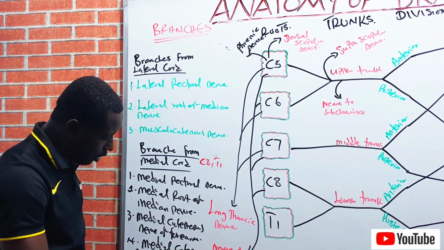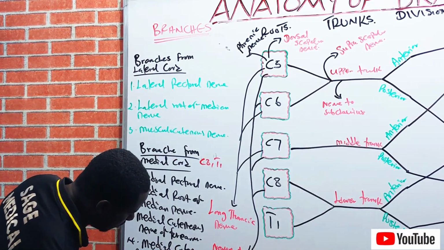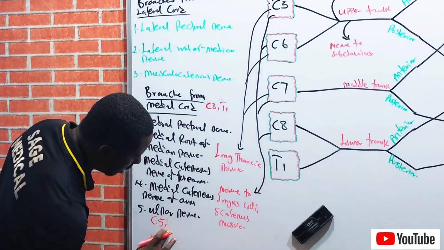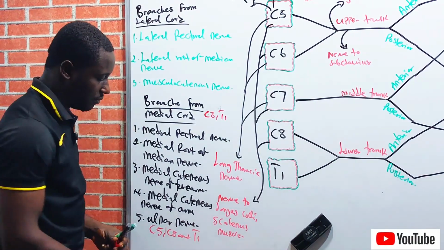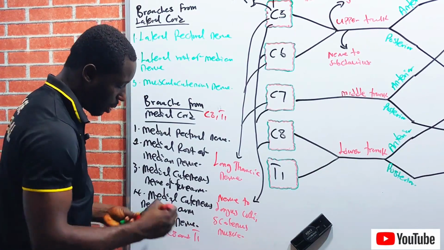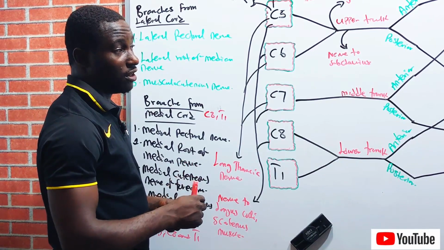But the ulnar nerve has C7, C8 and T1. That is the root value of the ulnar nerve. Okay, we are done with the branches of the medial cord of the brachial plexus.